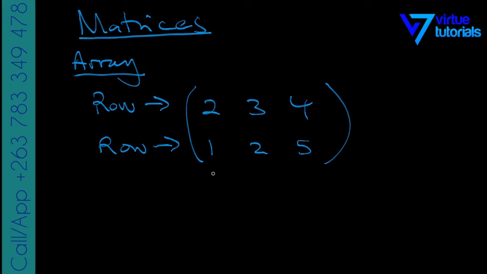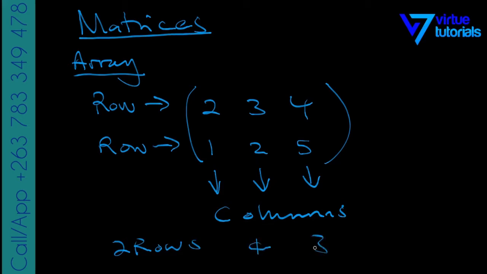You can also identify the columns with 2 and 1, 3 and 2, 4 and 5. So a matrix is an array of numbers arranged in rows and columns. If we look at this matrix here, it has 2 rows and 3 columns. Okay, so this is important.